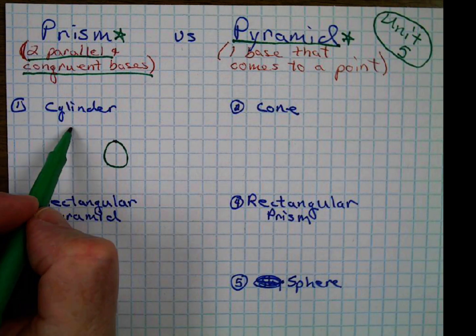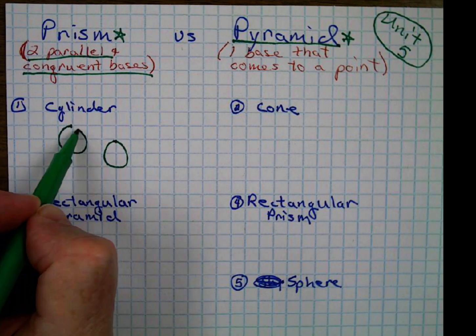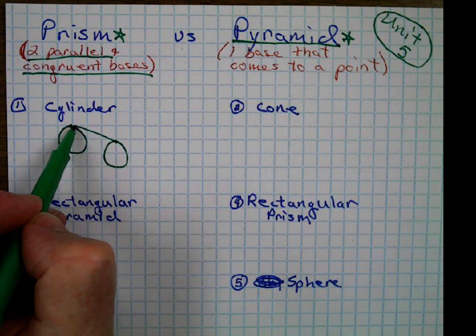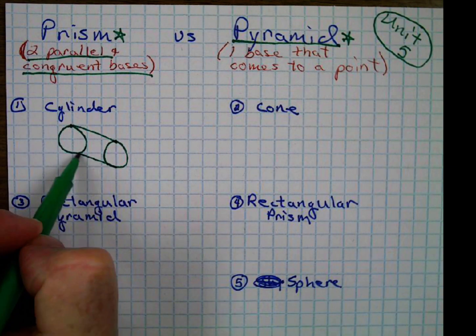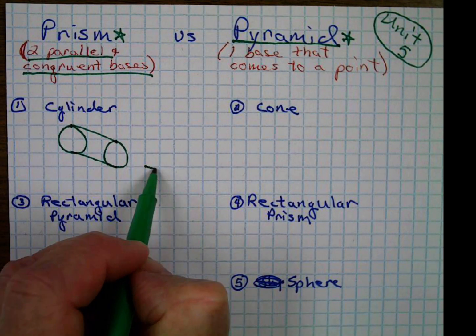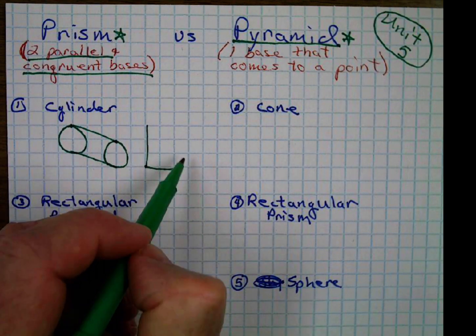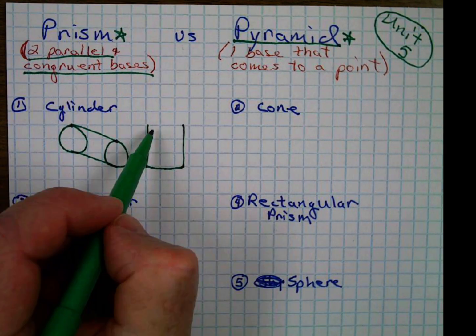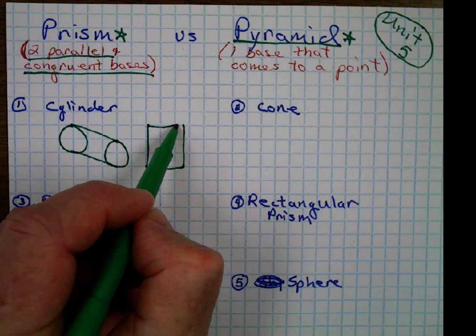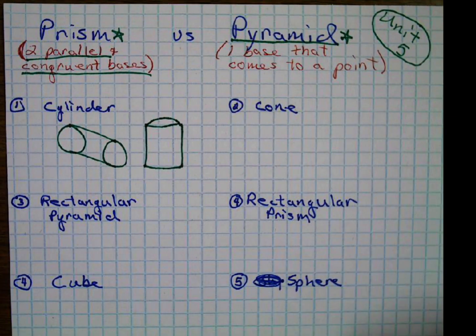I'm going to try and draw the same thing up here. And I'm just going to simply connect them. So some people like to draw them on their side like that. Some people will go and make like a little arc down here and then go straight up and make that same arc on the bottom. Oops, that wasn't very close. And on the top. So there's your cylinder.